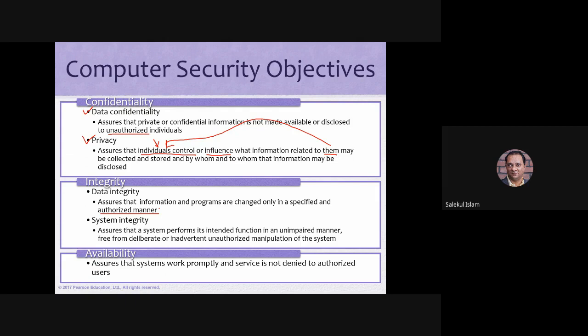Now, another kind of integrity is system integrity. System integrity means, say, you are using a calculator. You multiply, say, two numbers and it gives you a result. Maybe after some time, you multiply the same two numbers.